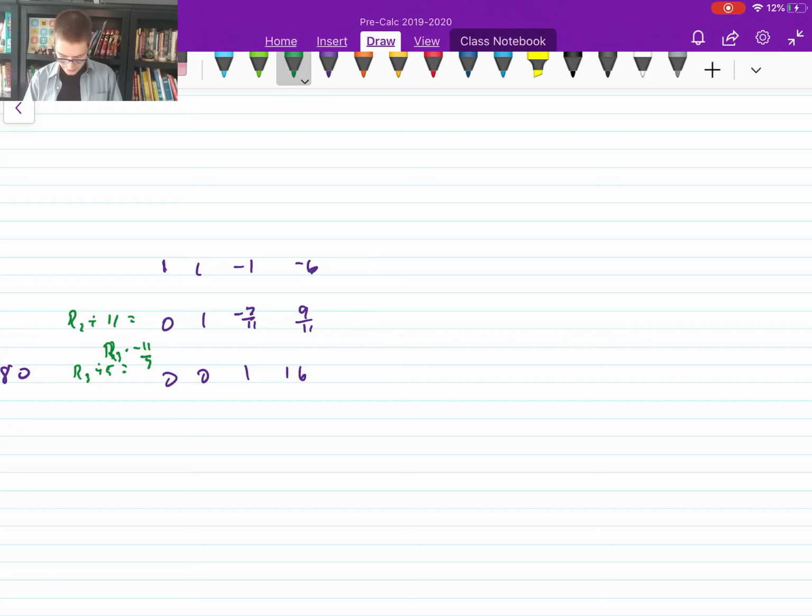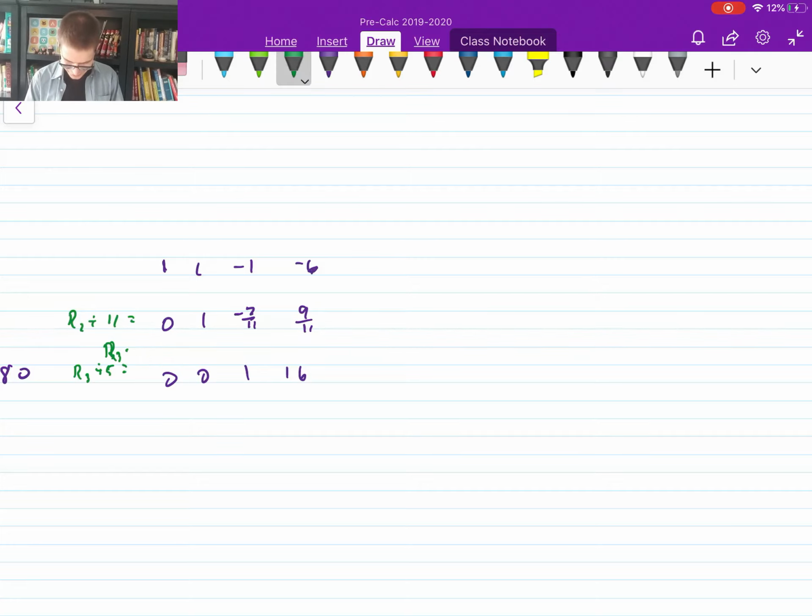This gives us 0, negative 11 over 7, and that would give us 1, and then negative 9 over 7. Okay, interesting. No, hold on. Oops, I'm not thinking properly here. I want to multiply row 3 by 7 over 11.